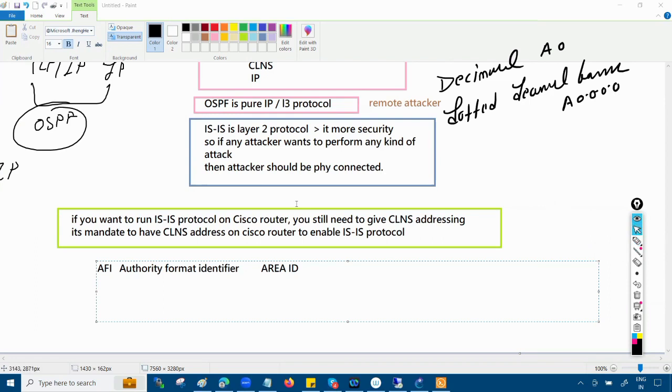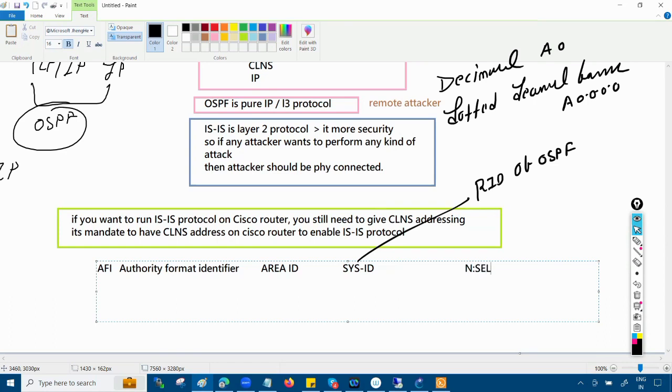Here you define the area ID in the dotted decimal format. The third part is called the system ID. You can compare this system ID with the router ID of your OSPF. And the last is the N selector.